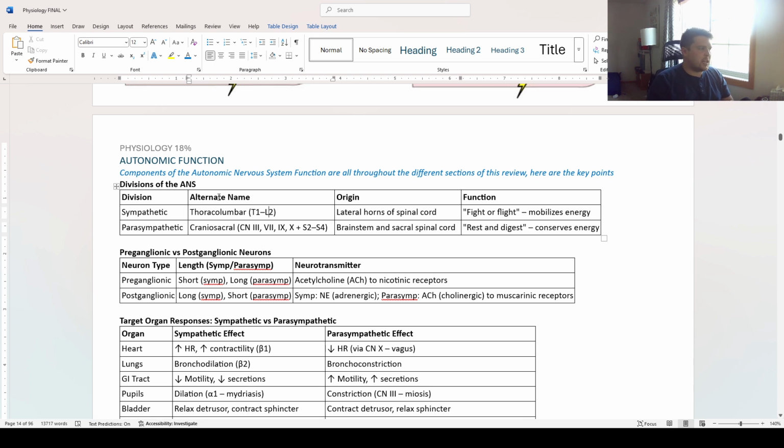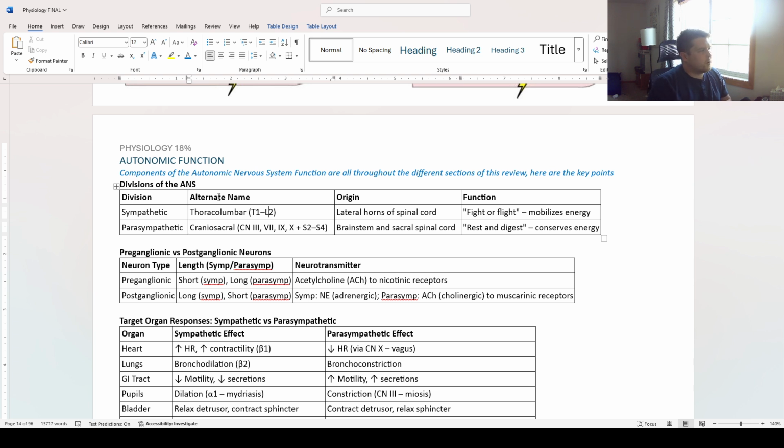Now, the parasympathetic nervous system, this is also known as the craniosacral nervous system. It holds several of our cranial nerves, specifically 3, 7, 9, and 10. And then also the very bottom plexus, the S2 to S4. So it's the brainstem and then the sacral spinal cord.